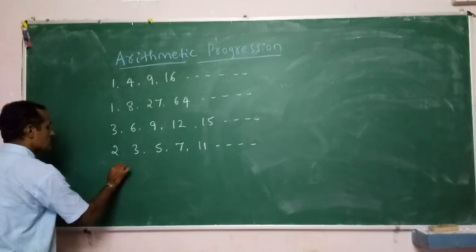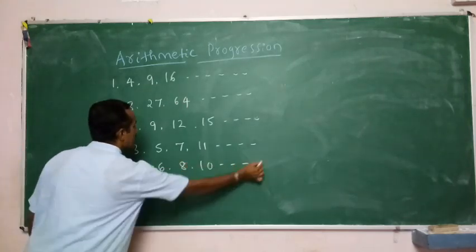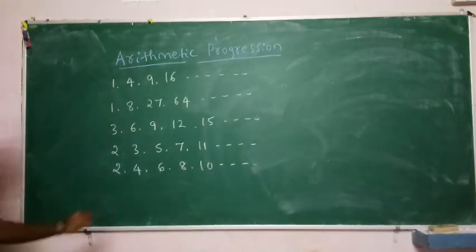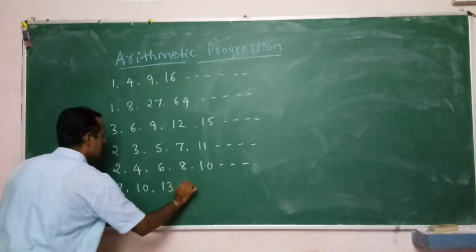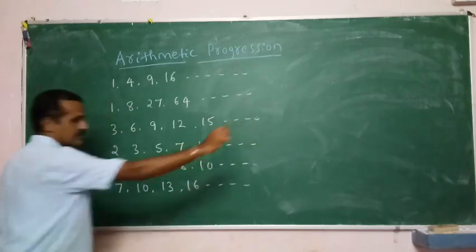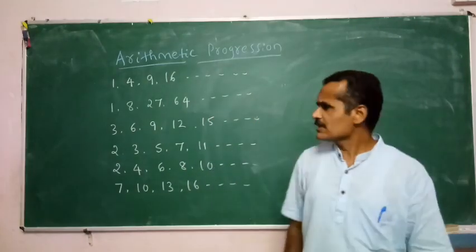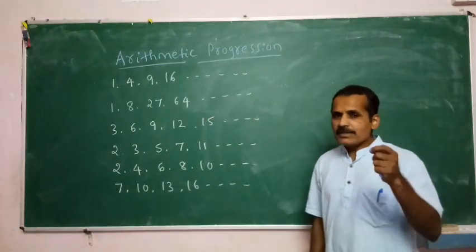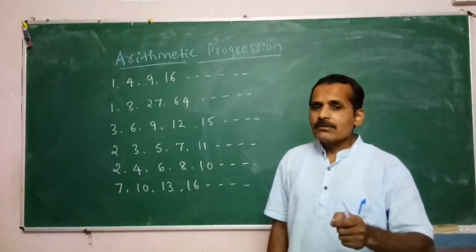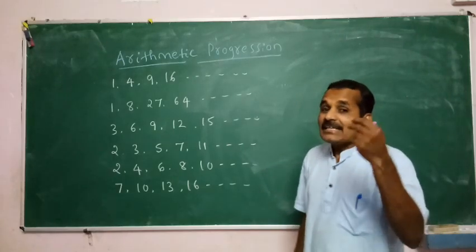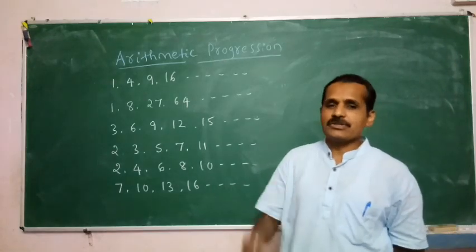Say 2, 4, 6, 8, 10, dash dash dash. And it is 7, 10, 13, 16, dash dash dash. These are all the sets of numbers. Now your work is to identify what is the relation between these numbers or how these numbers are arranged.